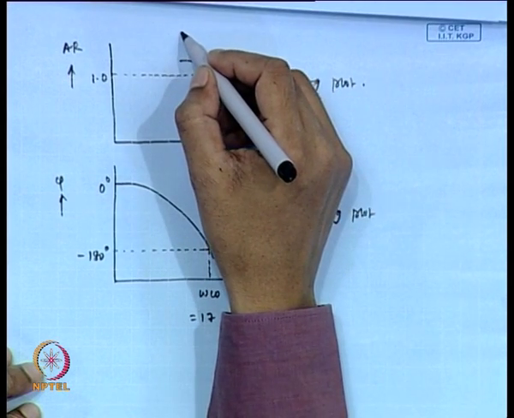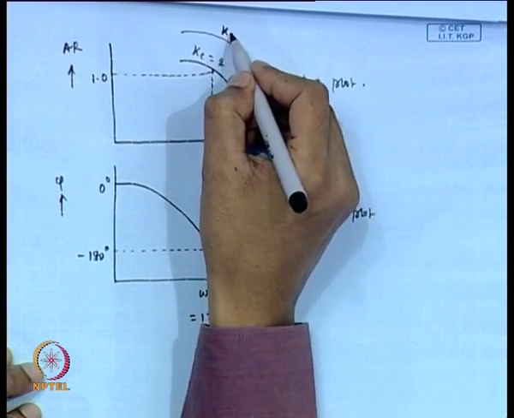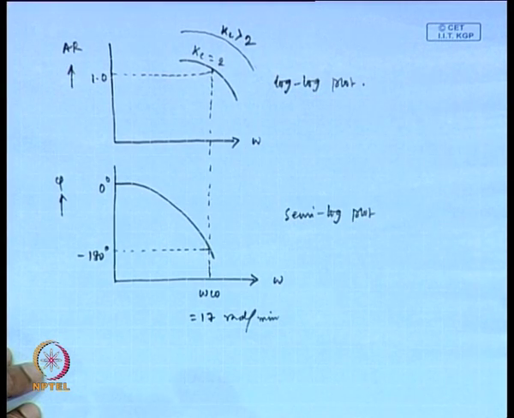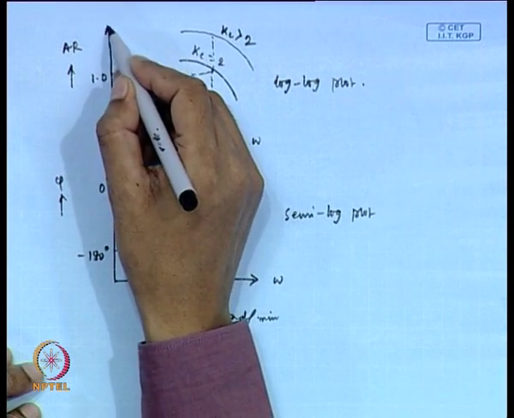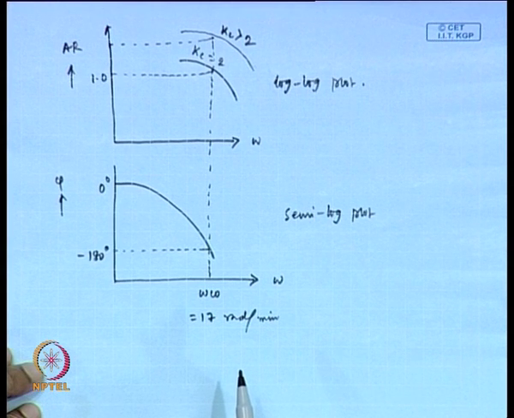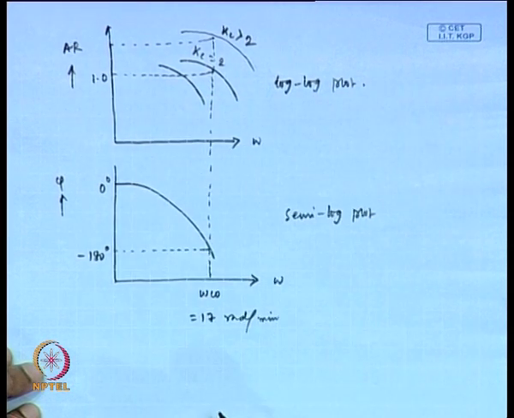When Kc is greater than 2, how much will be amplitude ratio? Greater than 1. When Kc is less than 2, amplitude ratio is less than 1.